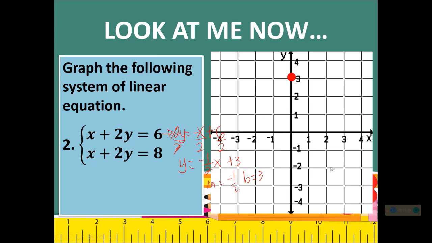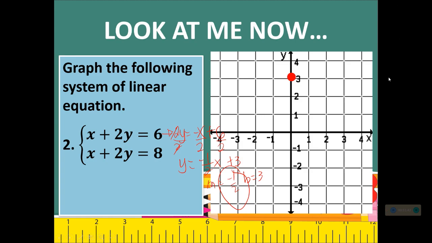For you to have the second point, you are going to use your slope. Remember that since we have negative 1 on the numerator, from the y-intercept, you are going to count 1 unit downward. And then since we have the denominator 2, you are going to run 2 units to the right because it is positive.